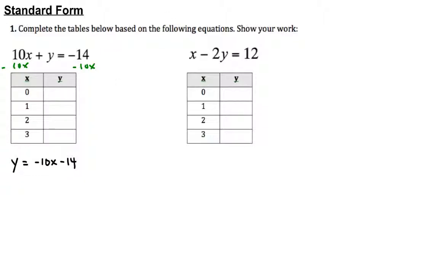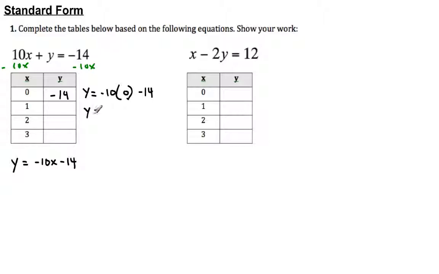And so what we want to do now is substitute in, right? When x is 0, what is y? Well, this gives us y is equal to negative 10 times x, which is 0, minus 14. Negative 10 times 0 is 0, minus 14, this is negative 14.